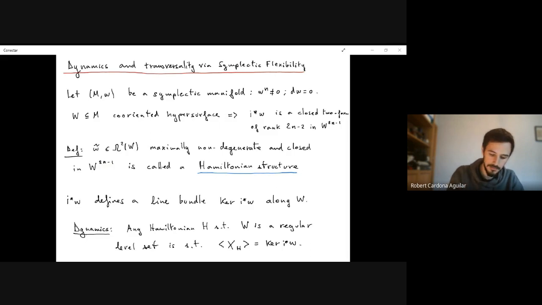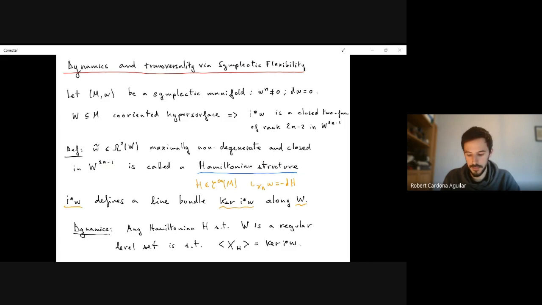So as I was saying, when you restrict to a hypersurface in a symplectic manifold, you get a line bundle which is defined along Σ. And why is this related to dynamics? Well, as you might already know, if you have any function H on a symplectic manifold, it defines a Hamiltonian vector field X by this equation.